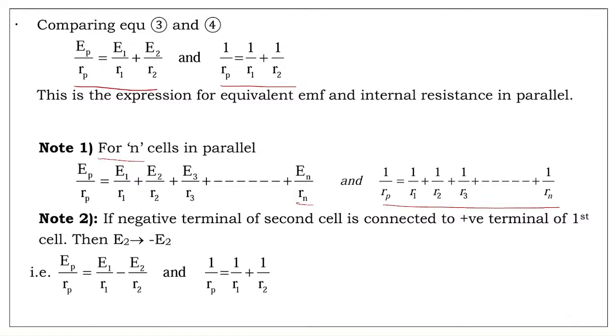If the negative terminal of the second cell is connected to the positive terminal of the first cell, then E2 becomes minus E2. That is, EP by RP is equal to E1 by R1 minus E2 by R2, and 1 by RP is equal to 1 by R1 plus 1 by R2.